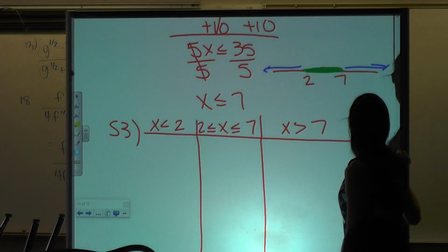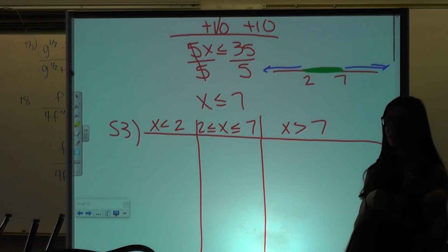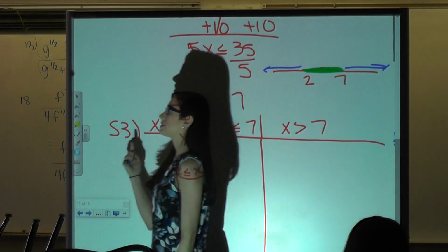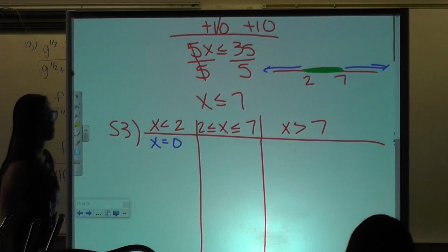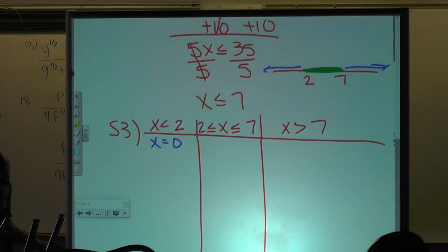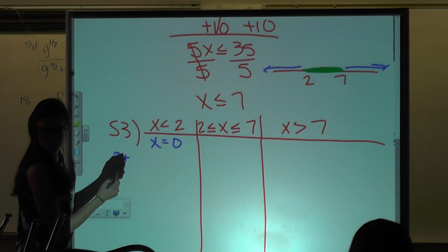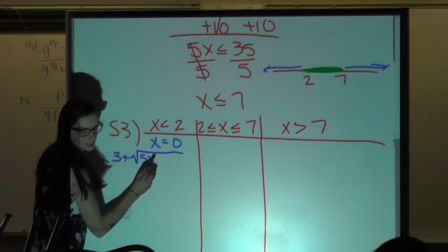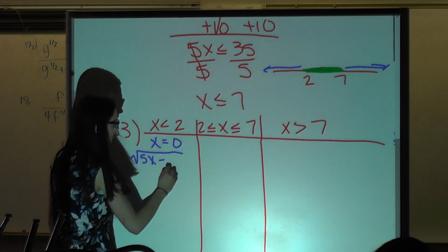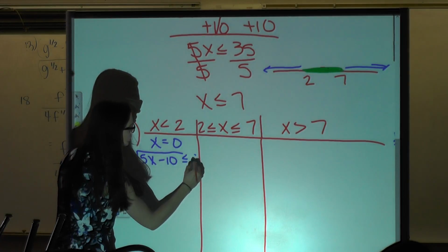Okay. So the next step is just taking and picking any number that fits within that range. So a number less than 2. Just say x equals 0. You're going to take this number and plug it into your original problem, which was 3 plus the square root of 5x minus 10, and this has to be less than or equal to 8.